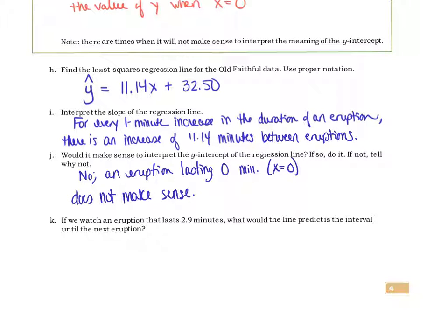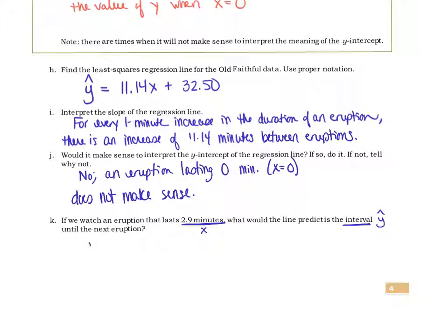Okay. Now, what else can we do with this line? Well, we can make some predictions. So if we watch an eruption that lasts 2.9 minutes, so again, we're talking about duration. Duration is our variable X. What would the line predict is the interval until the next eruption? So the interval until the next eruption is our y hat. What is our predicted value?